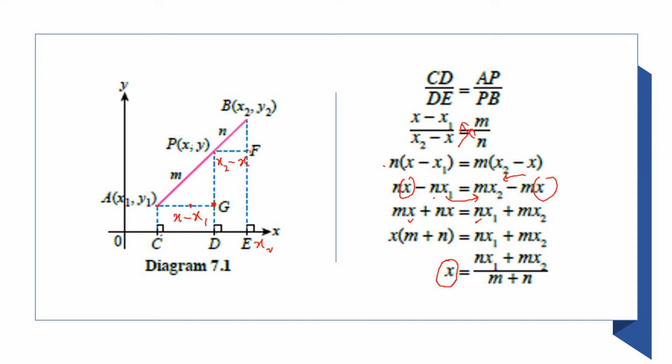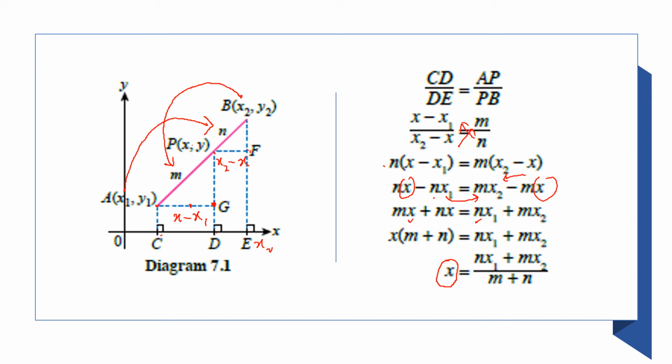Okay, nX1 plus mX2 over m plus n. So when we want to find the coordinate of X, it is X1 multiplied with the opposite ratio, which is n. And when dealing with the X2, it is multiplied with the ratio m. Okay, so the summation of these two over m plus n, which is the summation of the ratio.